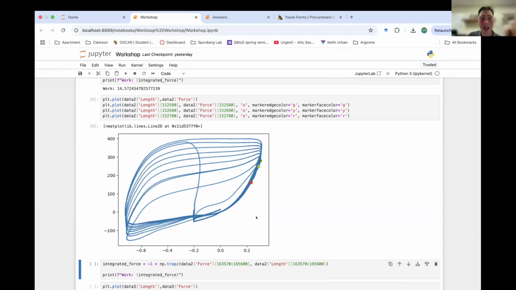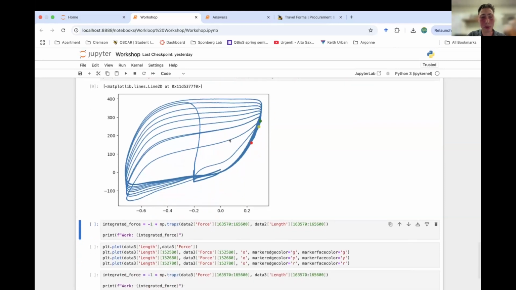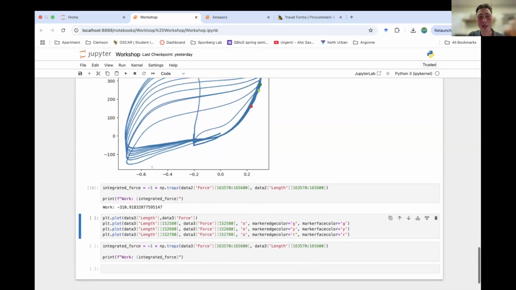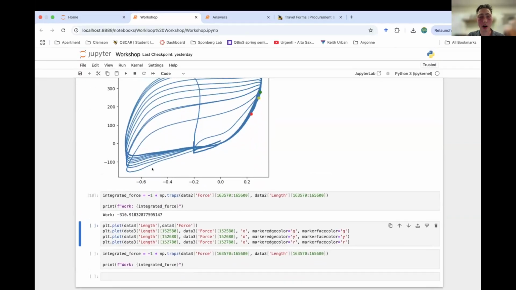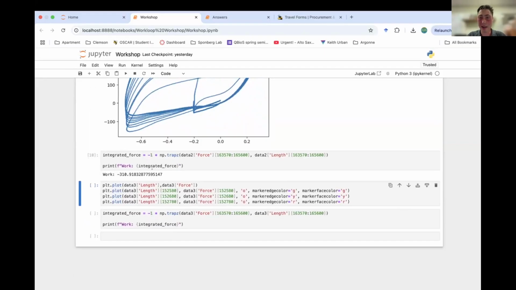And because positive length change is in this direction, moving this way as we go negative, that means that this integral over these top curves is actually going to be negative. So this is our negative work loop, and here I've integrated it. I've actually had to include a -1 here to put in our standard for length change.